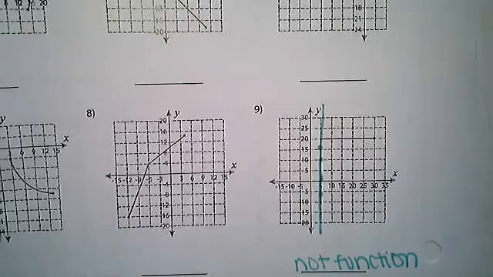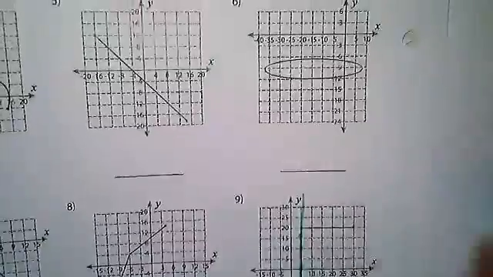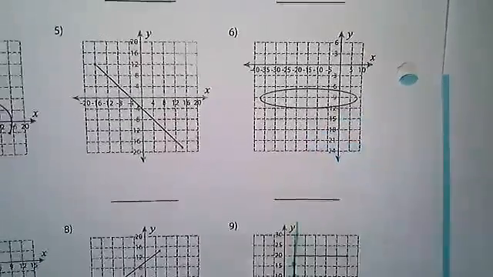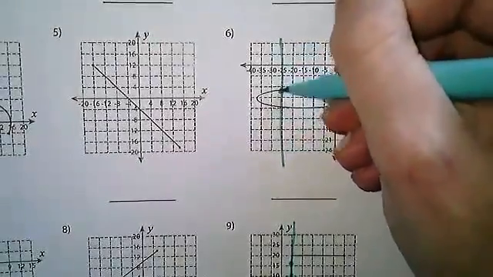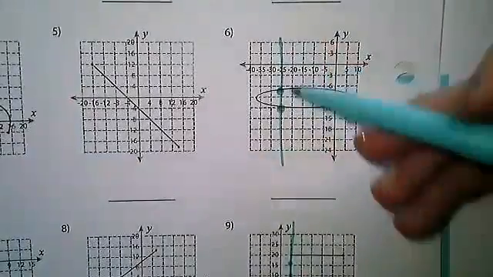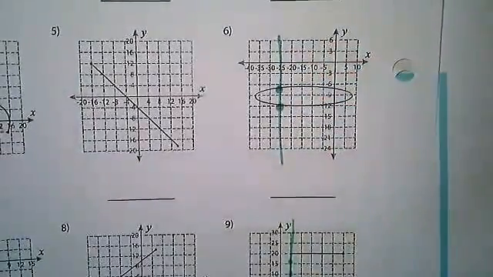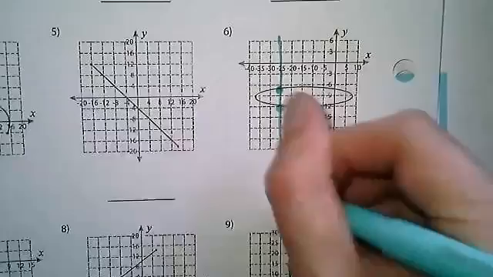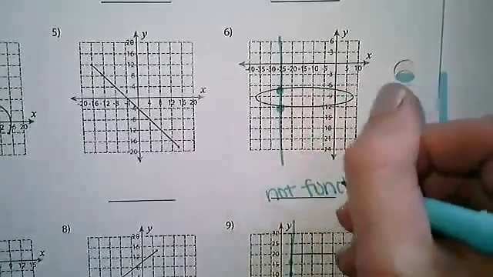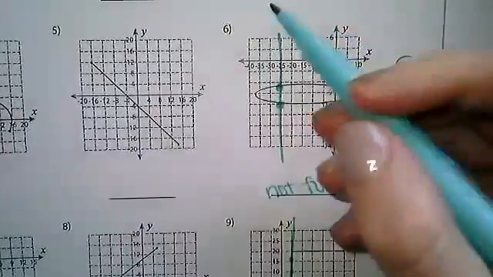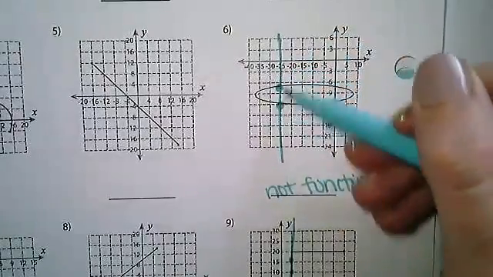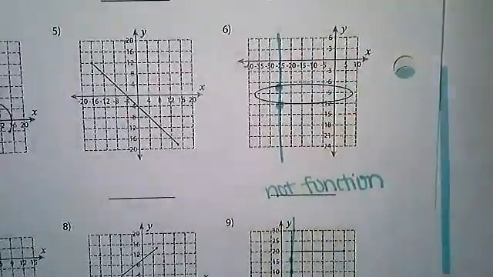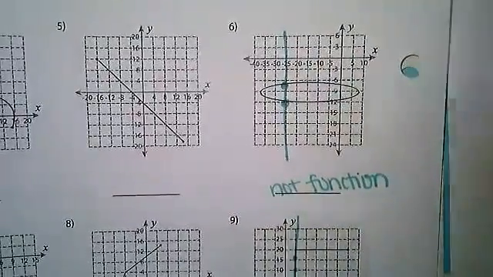Another example of something that may not be a function is this one up here, because when I draw a vertical line, and you only have to really draw one to see it, it passes through 2 points. So that would not be a function. That's very similar to the tables. It means this particular X value has been assigned 2 different Y values, which makes it not a function.